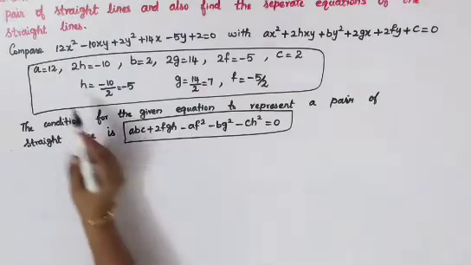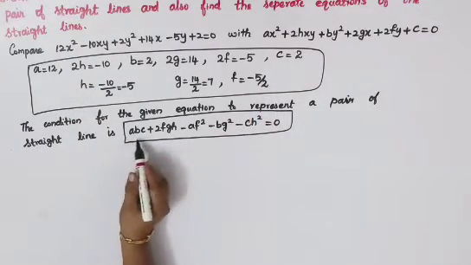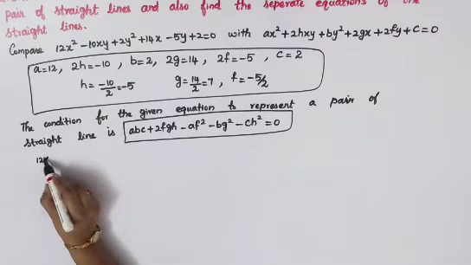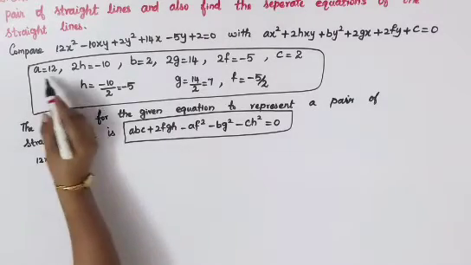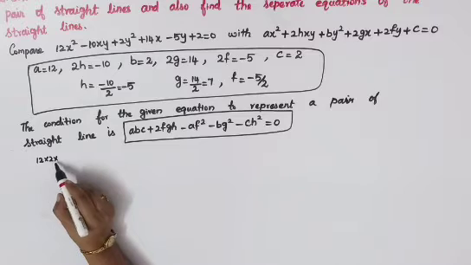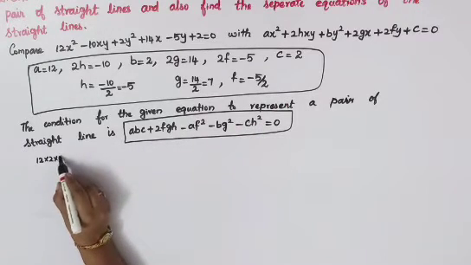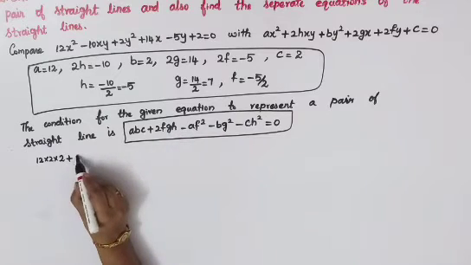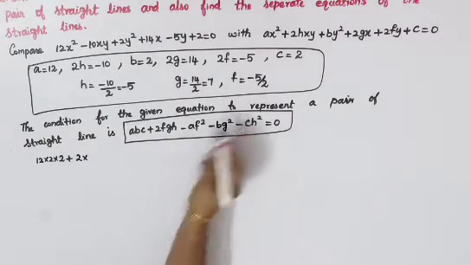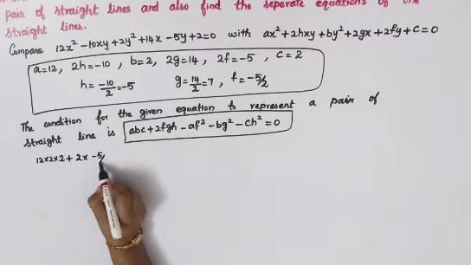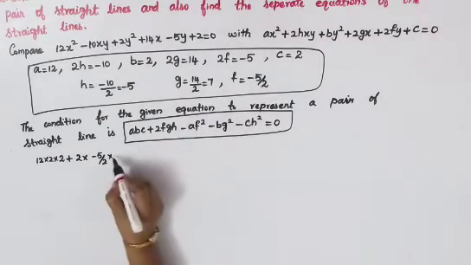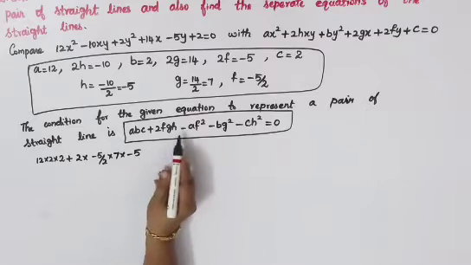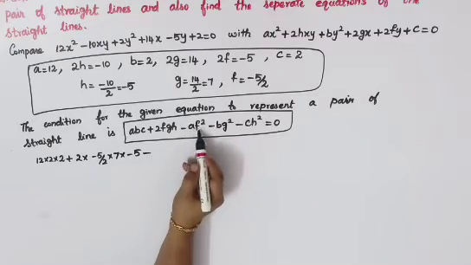Now we'll have to substitute all these values. So a is 12, b is 2, and c is again 2, plus 2fgh. So 2 into f is −5/2, g is 7, h is −5. Then minus af².